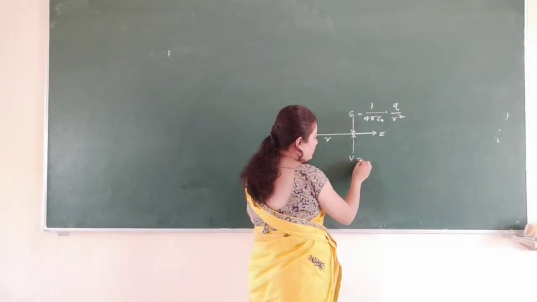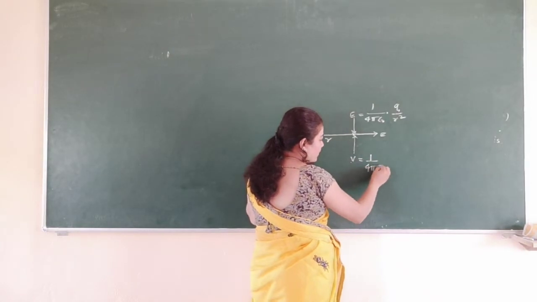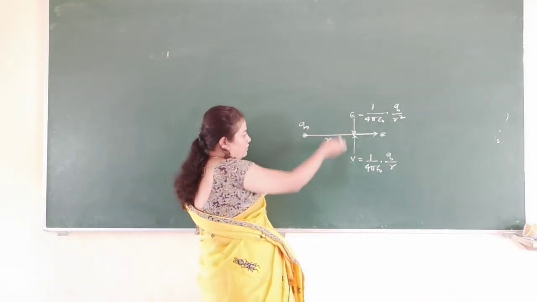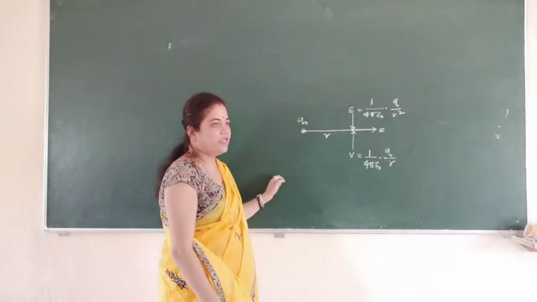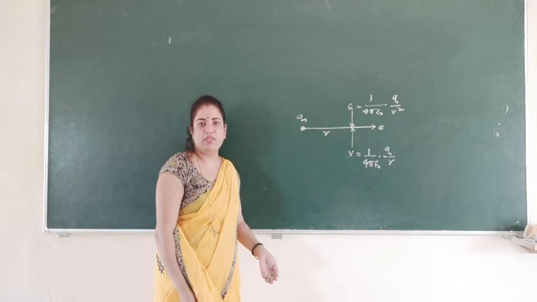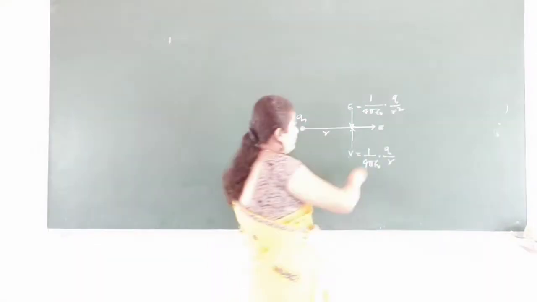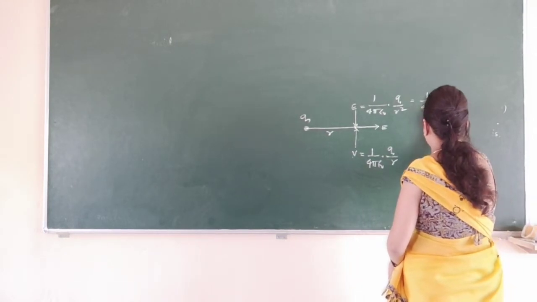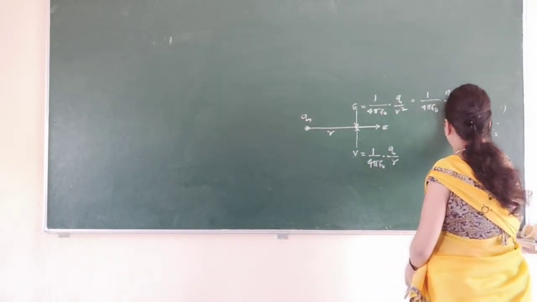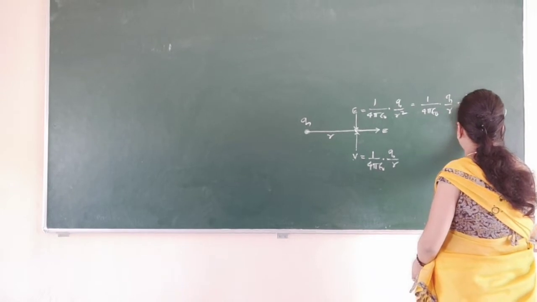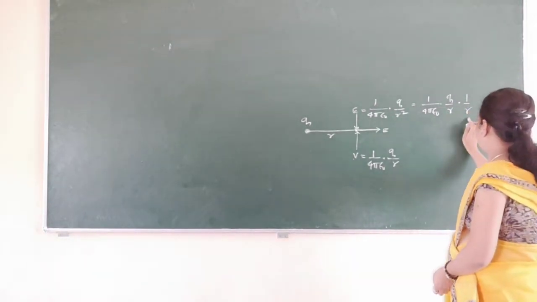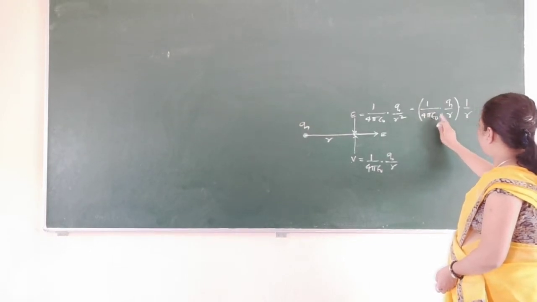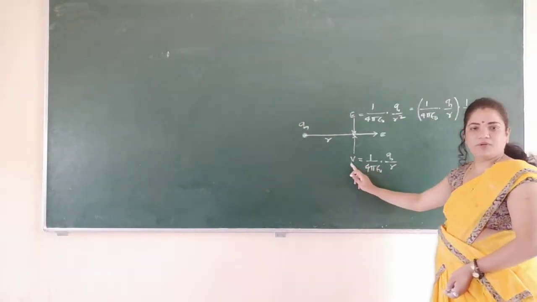And V equals 1 divided by 4 pi epsilon naught, Q divided by R. Now based on these two equations we can write the relation between E and V. I modify this a little: 1 divided by 4 pi epsilon naught, Q divided by R, times 1 divided by R. R square I have written like this, so put a bracket to this. 1 divided by 4 pi epsilon naught, Q divided by R is nothing but the potential.